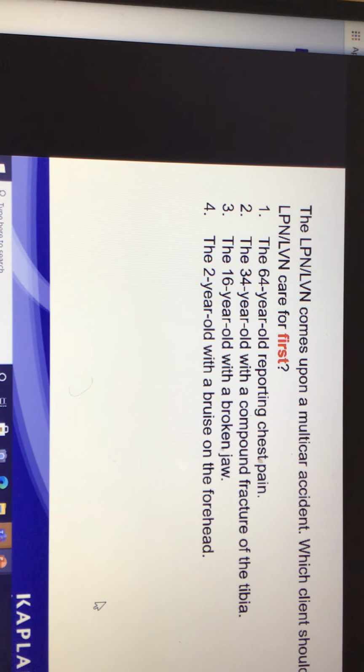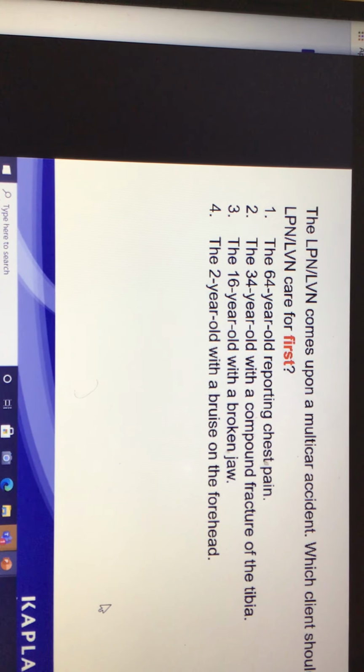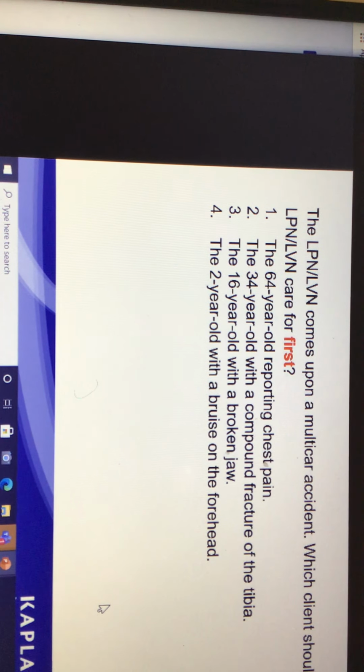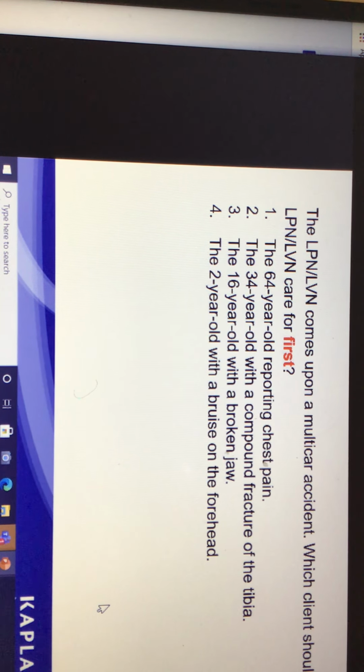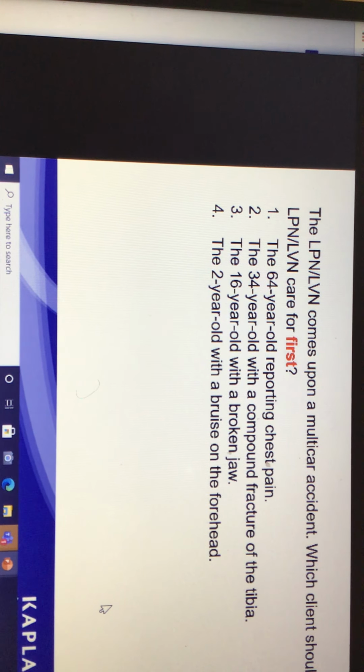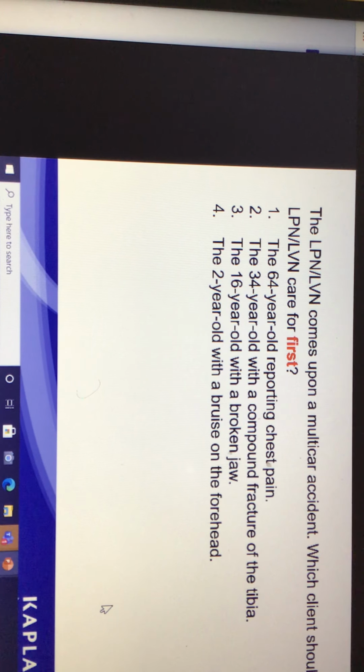A. Is it breathing? Are they having trouble breathing, or are they having chest pain? I'm going to go with none. Okay, or you could say circulation. Yeah, C, circulation. They're not getting enough circulation to their heart. Okay, so put a C there.